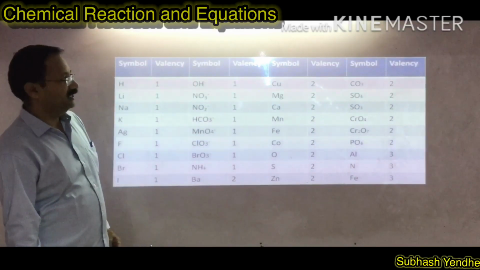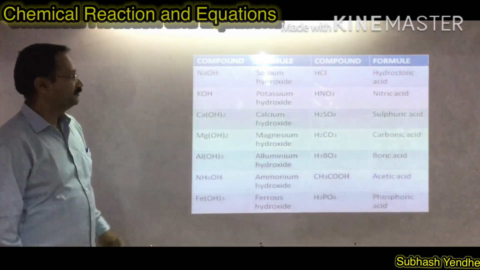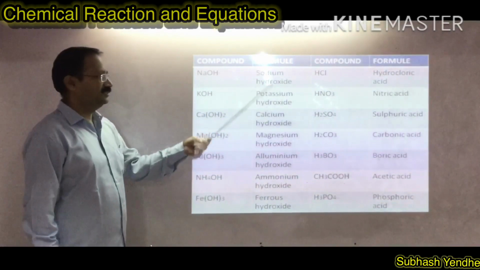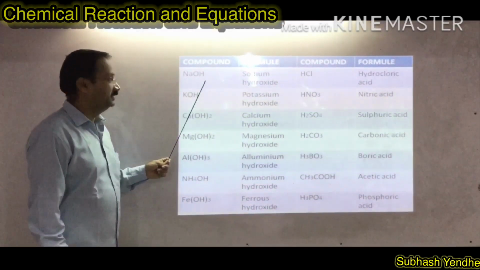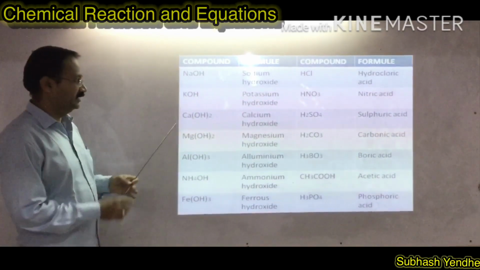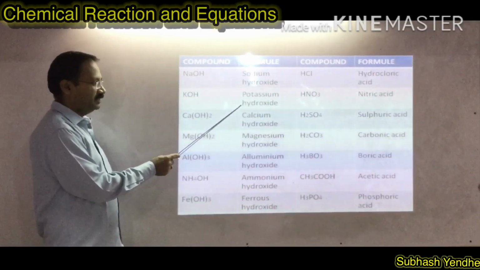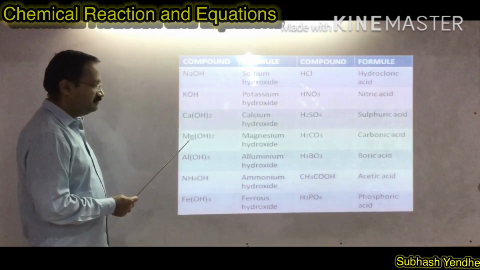Now let's see the compounds from these two. The compounds and their formulas are very important for Chapter 3. What is this? It's sodium hydroxide. KOH, potassium hydroxide. Ca(OH)2, calcium hydroxide.